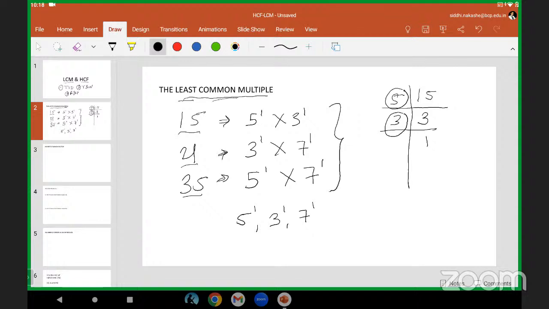If there were two threes, and the highest power amongst them was, suppose, 2, then we select the highest power. So always remember, for LCM, we select all unique numbers with highest power.